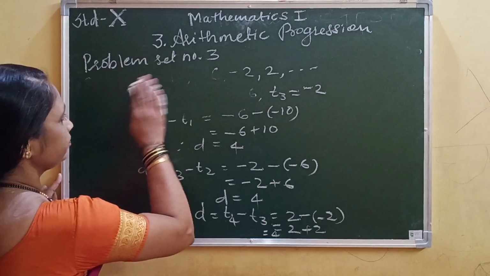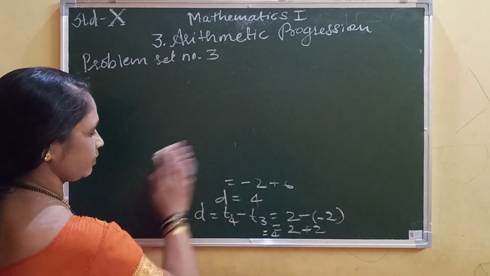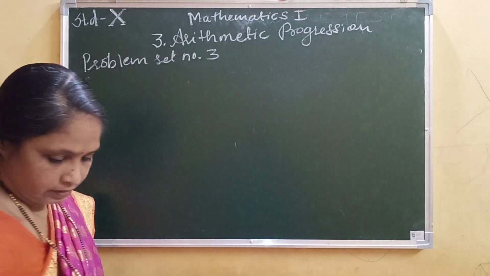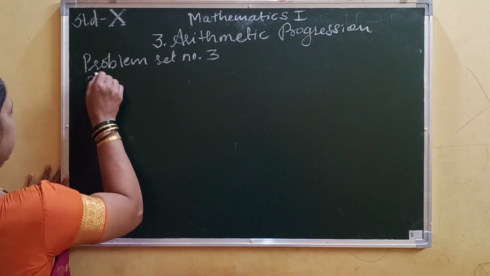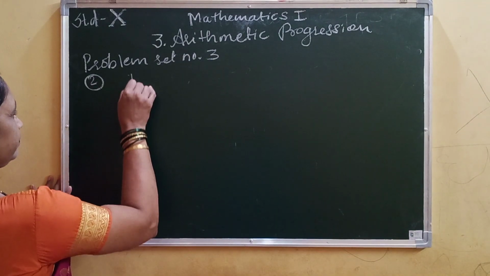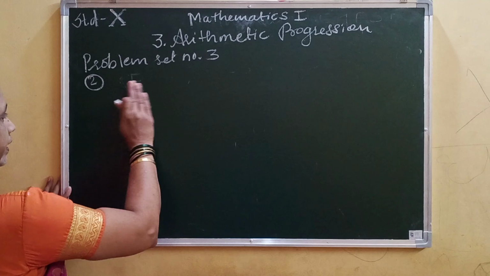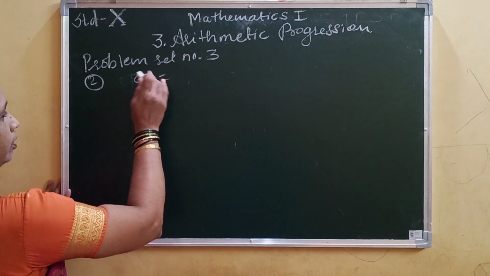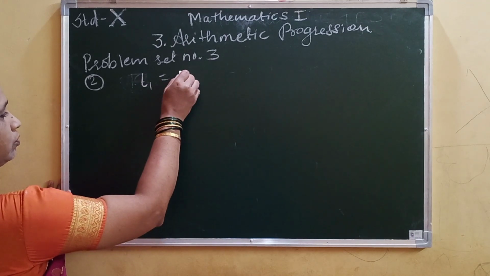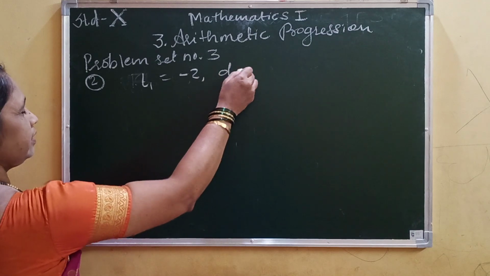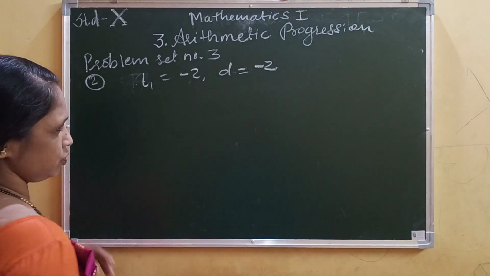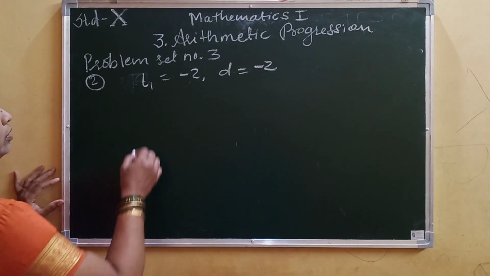Second example, first term A, I will say A is equal to, or you say T1 is equal to -2 and D is also given -2. Now you have to find T2.